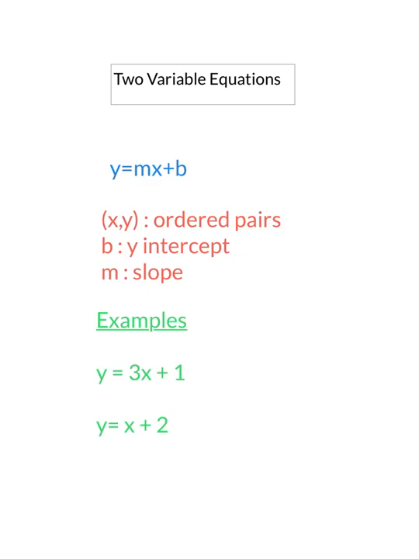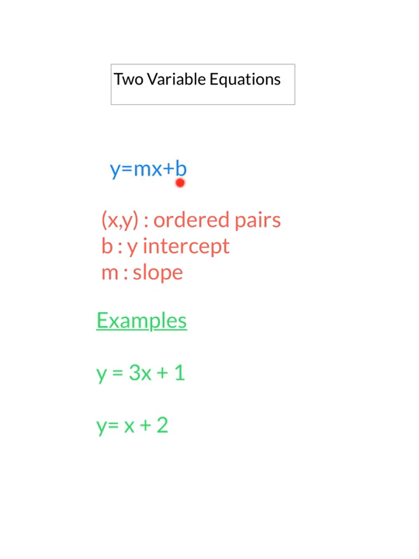Okay, two variable equations. This is the definition of a two variable equation. They look like this: y equals mx plus b. The x and the y, those variables represent the ordered pairs, and the ordered pairs are the solutions of the equation y equals mx plus b.